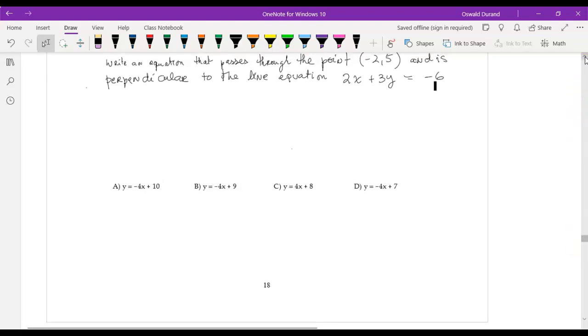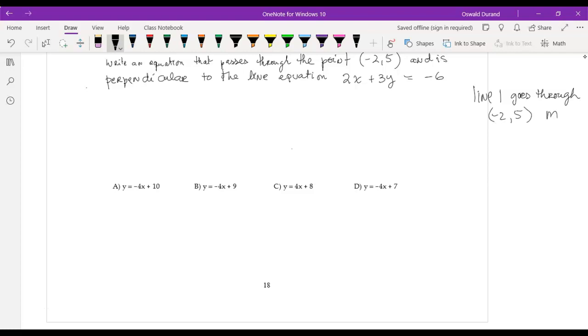Okay. So we have actually two line equations involved, right? Basically, we have a line that goes through the point -2, 5. So line 1, that's the information we have. Line 1 goes through negative 2, 5. But what's missing?